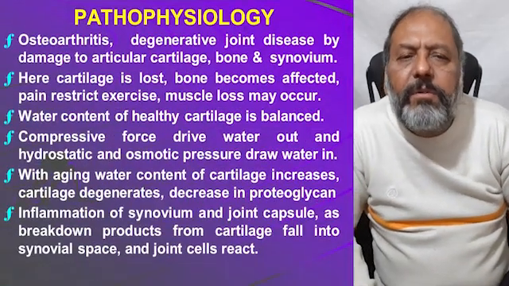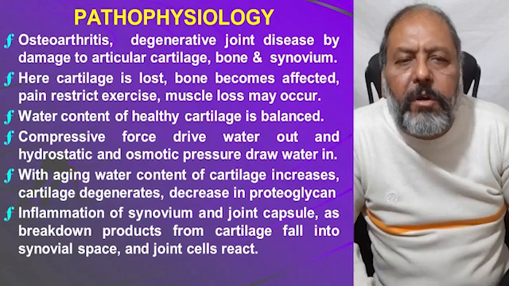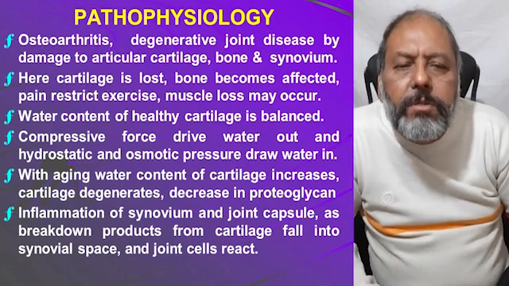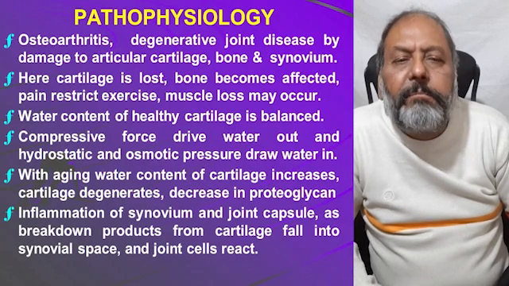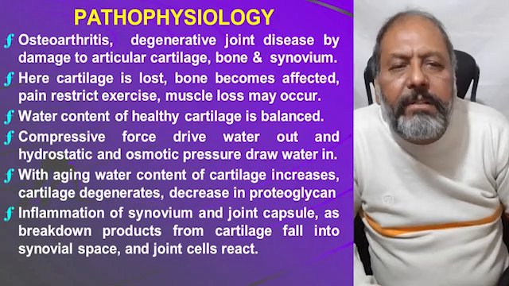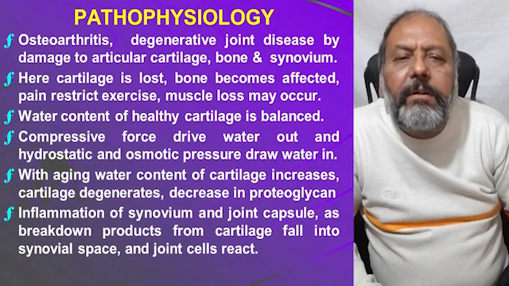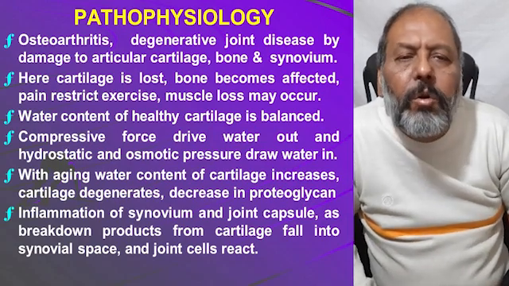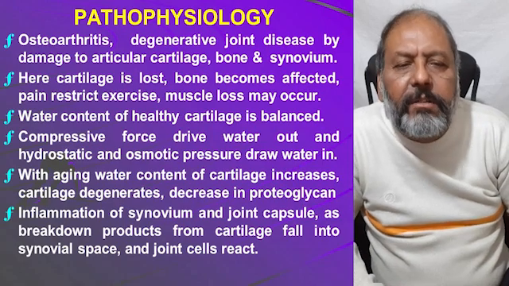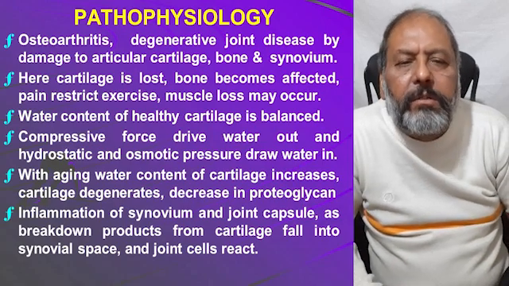Now, coming to the pathophysiology of osteoarthritis. Osteoarthritis is a degenerative joint disease caused by damage to the articular cartilage, bone, and synovium. Here, cartilage is lost, bone becomes affected, and pain restricts exercise, so there is muscle loss also.